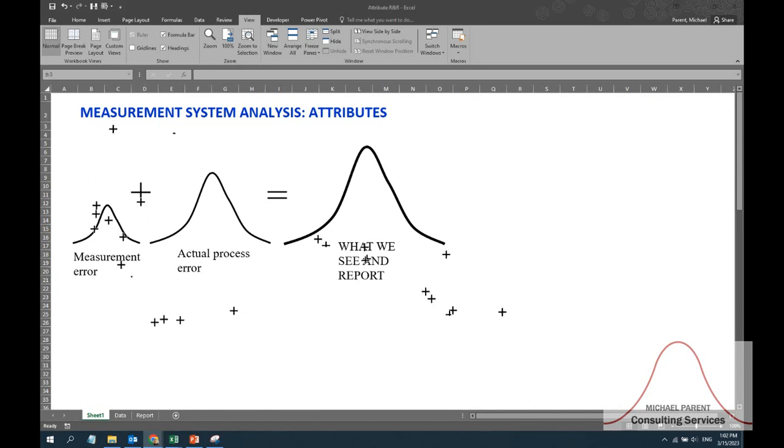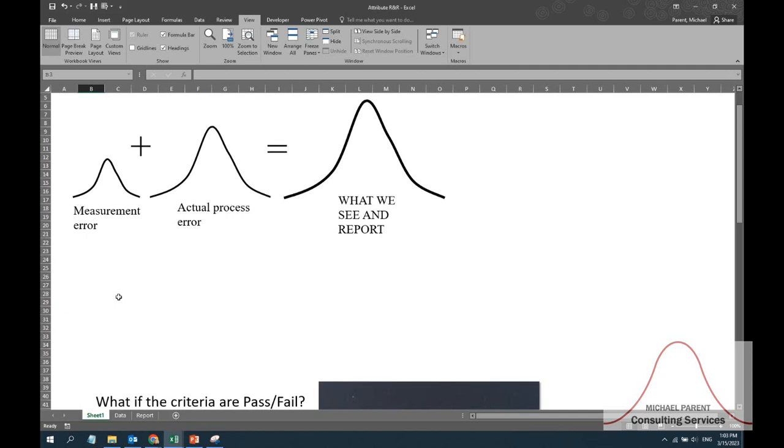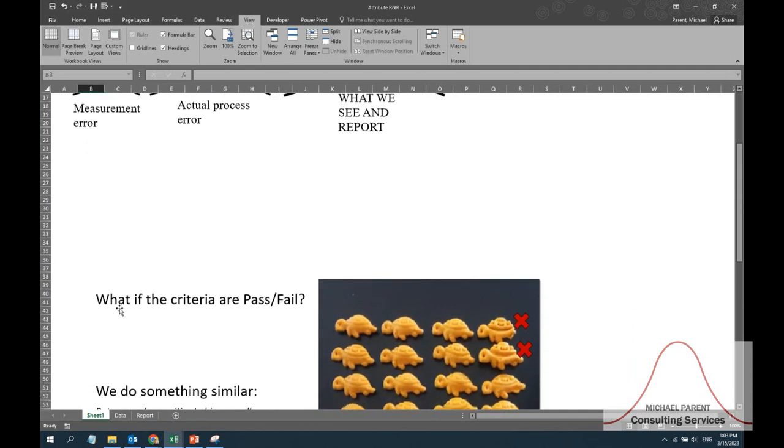We're interested in assessments, namely whether or not something is good or bad, right? Pass or fail. So if this is the case, we use a different type of analysis. It's still a measurement system analysis, but we're measuring attributes. We're measuring whether this piece in production is good or bad. And we do a very similar approach to it when we get to the data section.